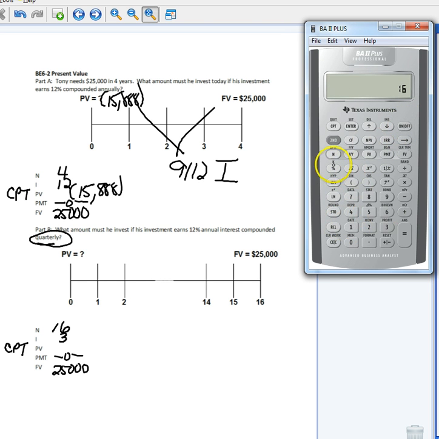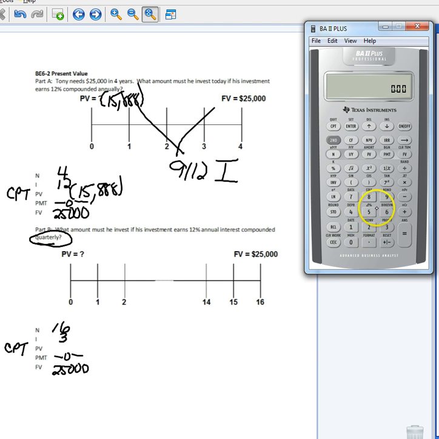16 is N, 3 is I, 0 is our payment, 25,000 is our future value, compute present value. Oops, I did something wrong there. I caught it, I don't know what I did.